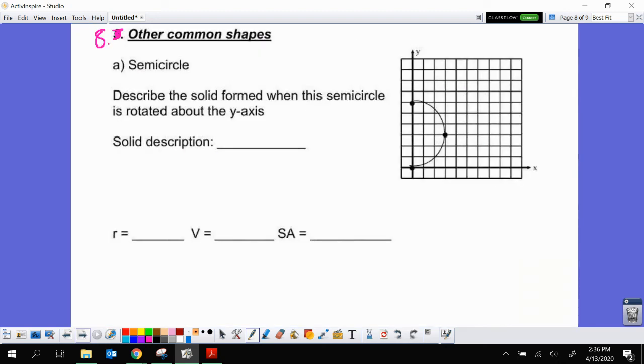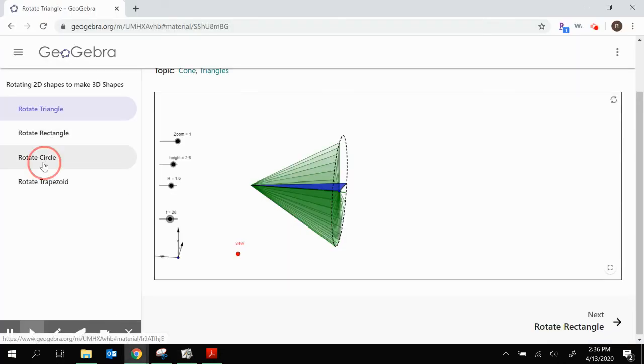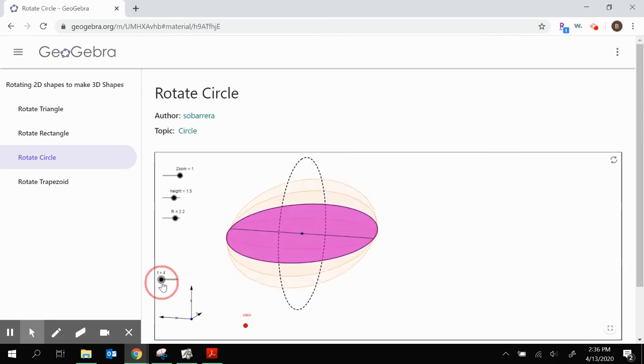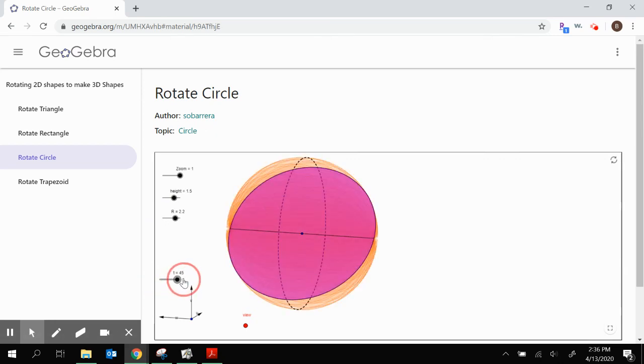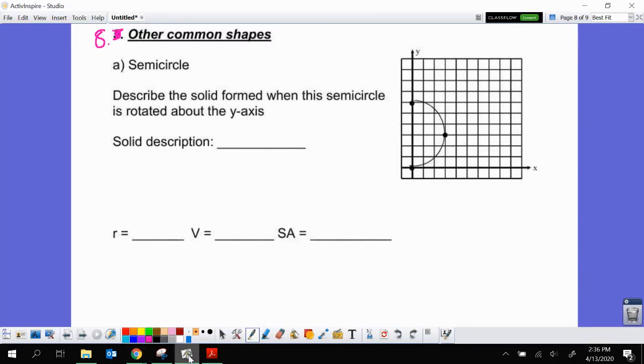Last two. Here we have a semicircle, and it says the semicircle is going to be rotated around the y-axis. I think you probably know what this is going to look like, but I'm just going to show you: this semicircle, if I rotate it around, is going to create a sphere. These are my favorite because these are easy. Our radius here is going to be 3.